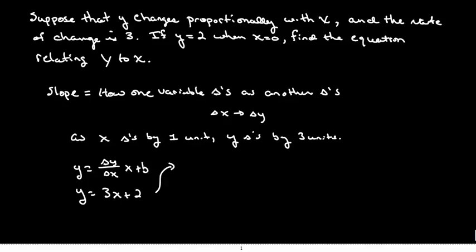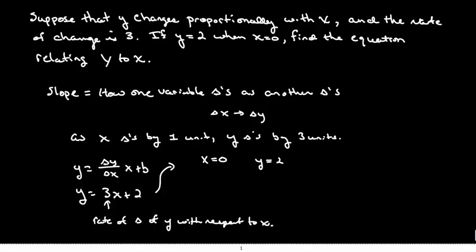But now here's the thing that you need to get out of this. This 3 represents the rate of change of y with respect to x. So here's what I mean. Let's say when x is 0, we know that y is 2, right?